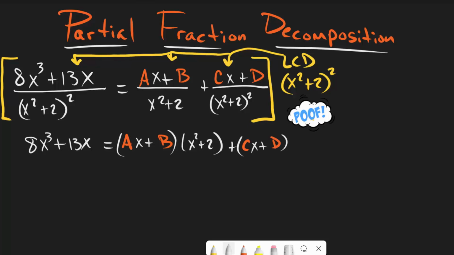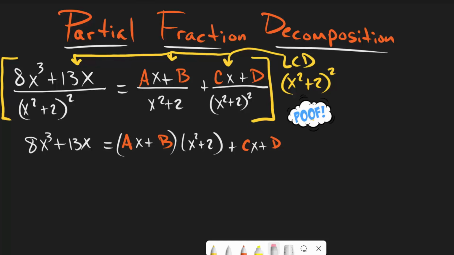For the second fraction on the right-hand side of the equation, we have the cx plus d, but this time the whole denominator canceled out. So we don't need parentheses because there's nothing to multiply it by. Okay, now if you had put them in, no problem. So for this problem, you could try the strategic substitution and set up some system of linear equations, but I think it's going to be much more complicated if you do that.